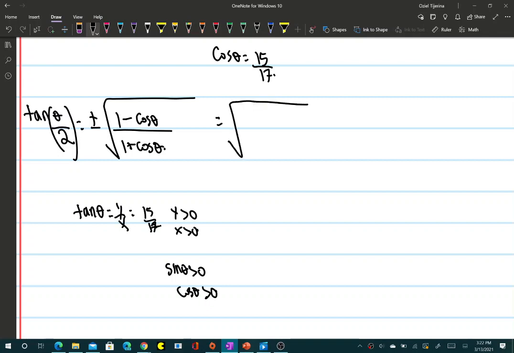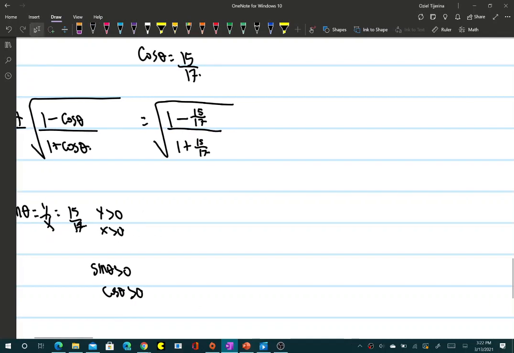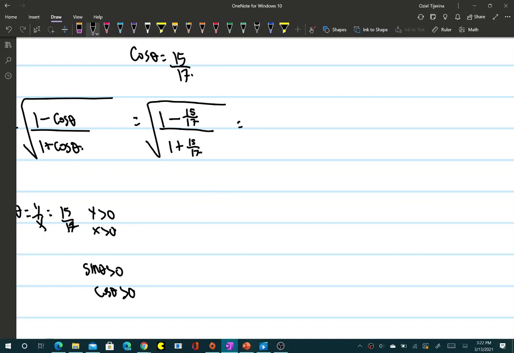So we're going to say the square root of 1 minus 15 over 17 divided by 1 plus 15 over 17. This is equal to the square root of 17 over 17 minus 15 over 17 divided by 17 over 17 plus 15 over 17.